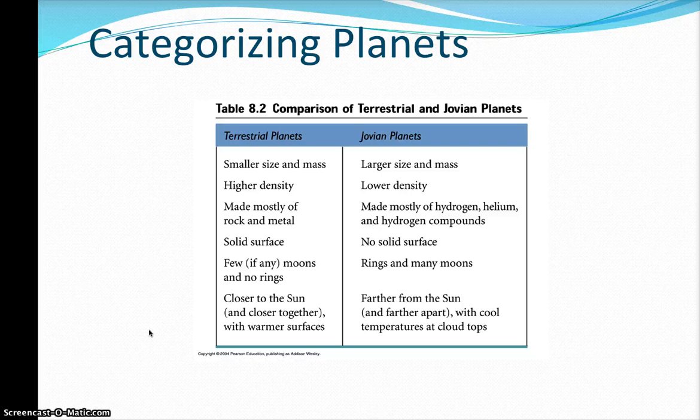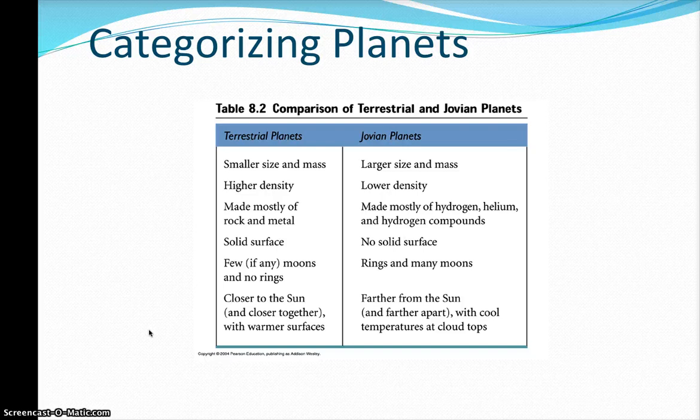They're much smaller in size and have small masses, but high densities because they're made up mostly of rock and metals. They have solid surfaces. They don't really have a lot of moons. Actually, Mercury and Venus don't have any moons. We only have one moon, and Mars has two very small ones. They are closer to the sun, closer together, and are warmer.